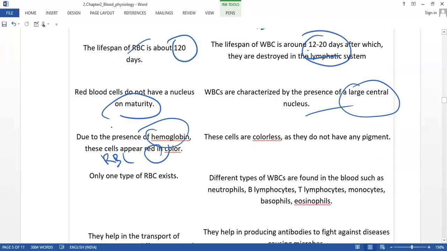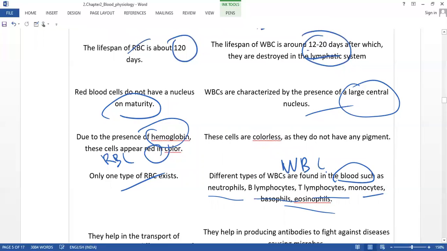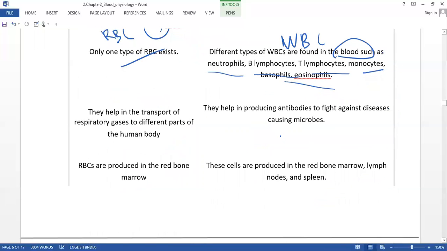In RBC only one type exists, but in the case of WBC, different types are found in the blood, such as neutrophils, B lymphocytes, T lymphocytes, monocytes and basophils.